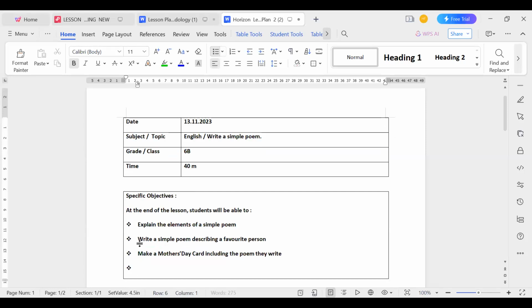And then the fourth one is the affective domain. Now, giving their mothers a card on Mother's Day is an attitude.